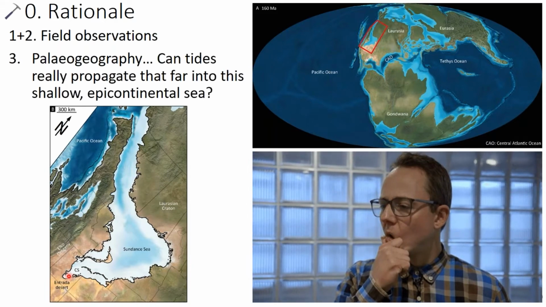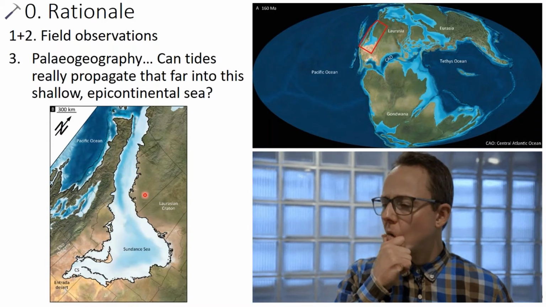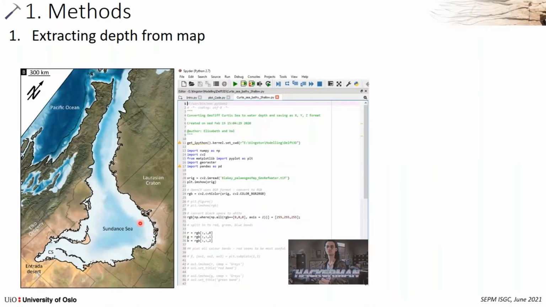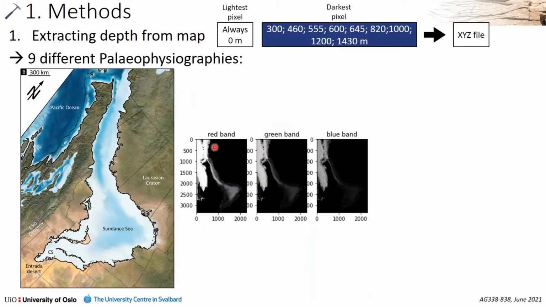But our question is, given this paleogeography, could tides actually really propagate that far into the sea? So what we did, we generated this very simple Python code that allowed us to extract a depth from this map from Blakey. Basically, we selected the red band of this image, and we gave a depth to each pixel.